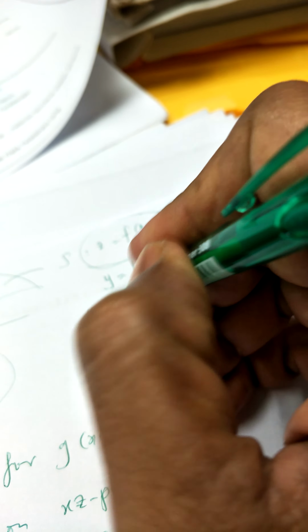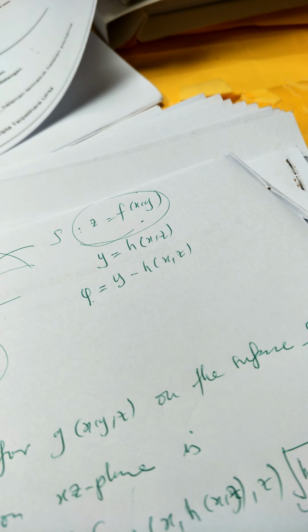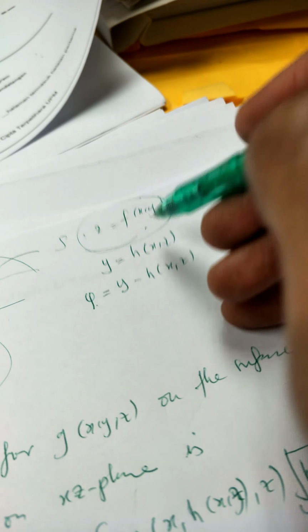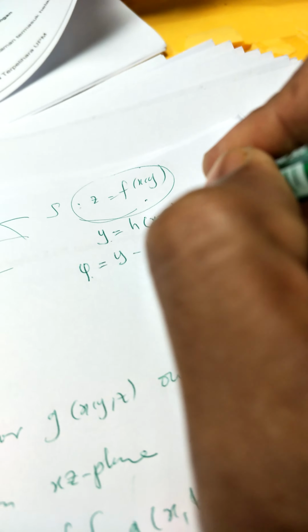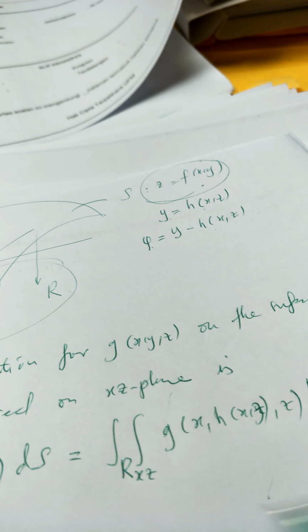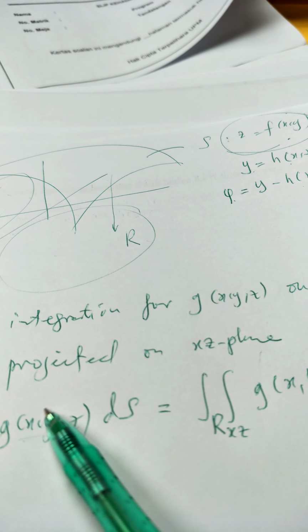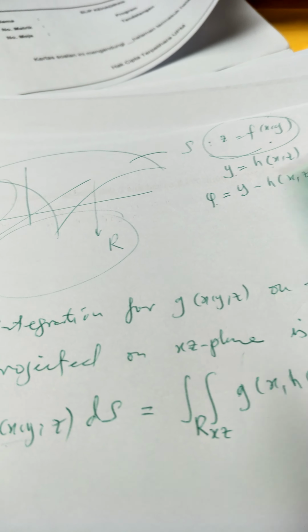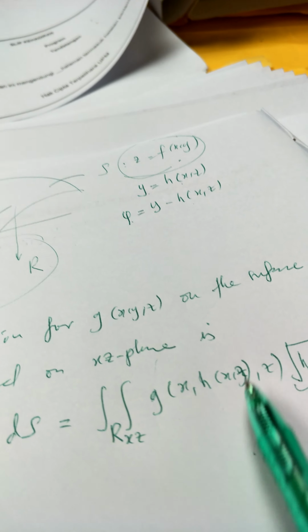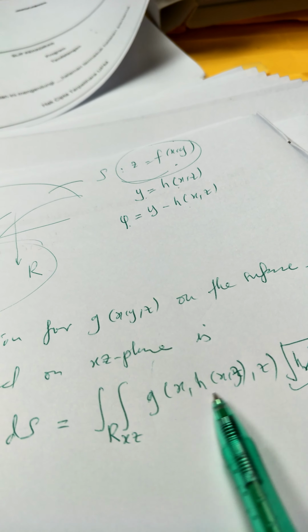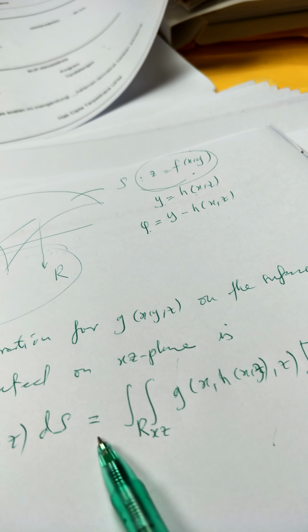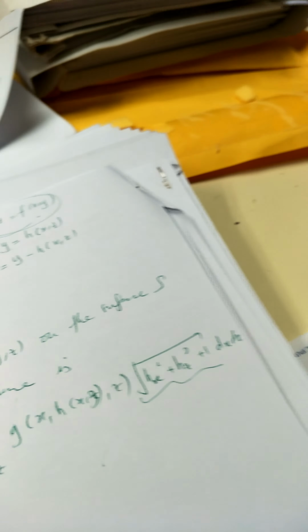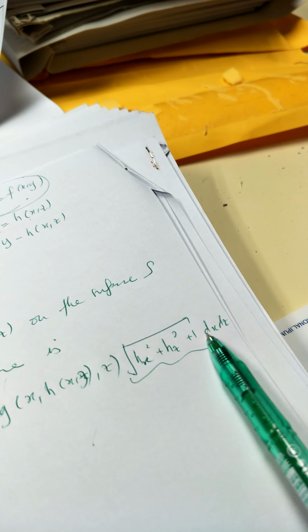Because we have substituted y equal to h, in this function our y is replaced with h. And this is how to transform this dS surface into the xy plane.